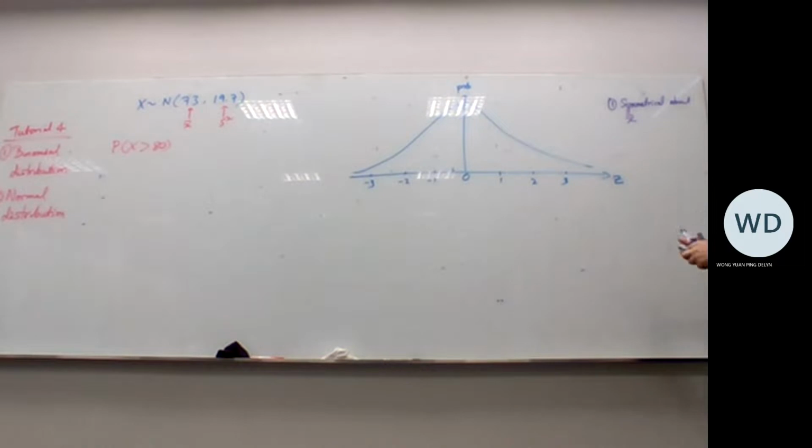Because it's symmetrical, it means that the probability of, let's say, z more than 0.7 is actually the same as the probability of z that is less than minus 0.7.